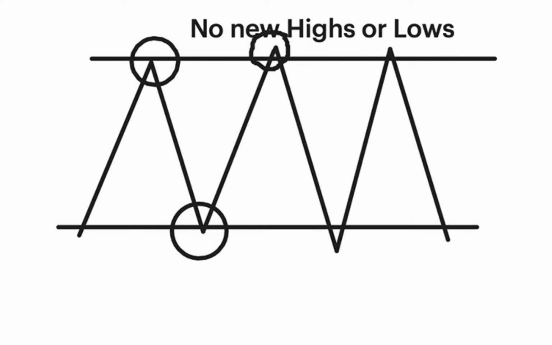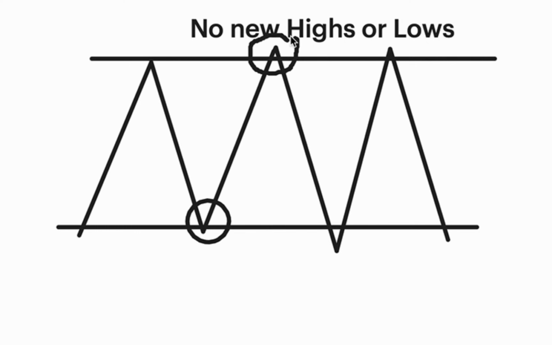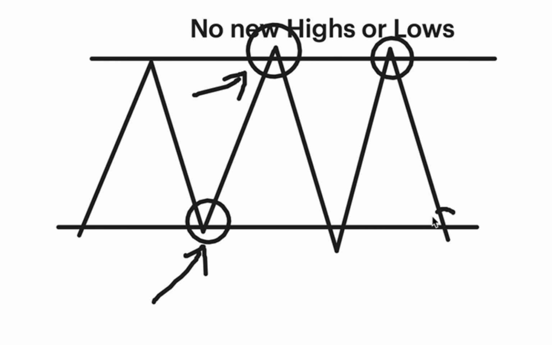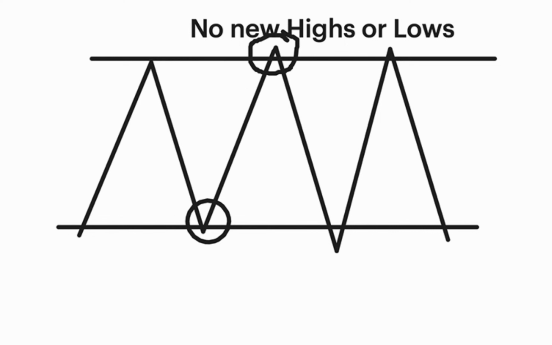Now, the way you want to trade ranges, if you decide to do so, is buying at the bottom of a range, aiming for the high. So essentially you would be looking to buy here and take your profits over here, or you would be looking to sell at the top and target the bottom. Looking at the higher time frame can help you see which direction is more likely.